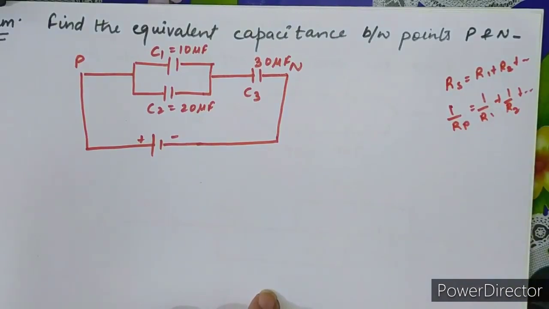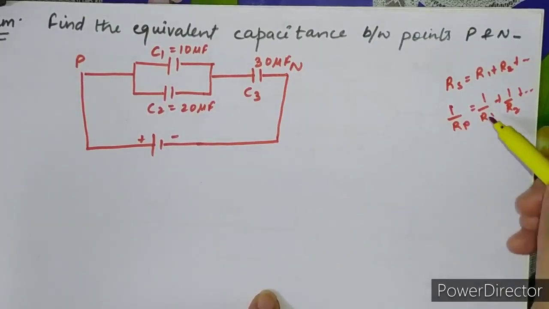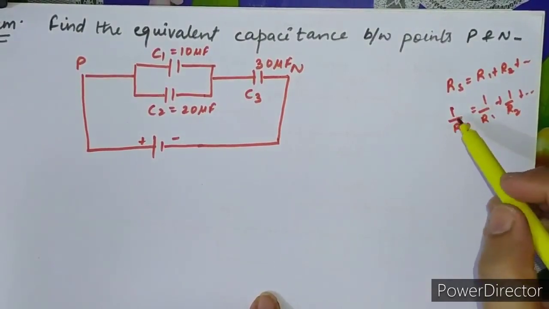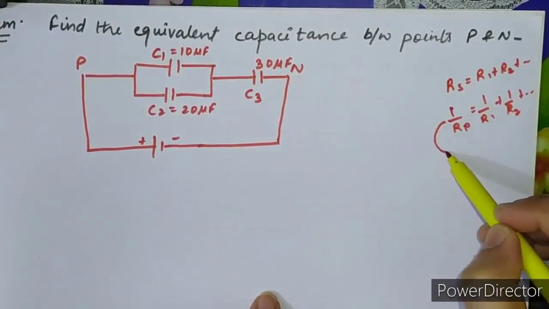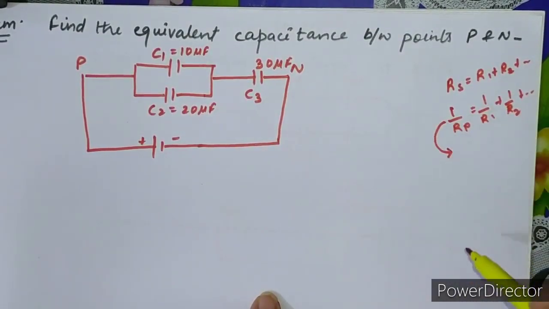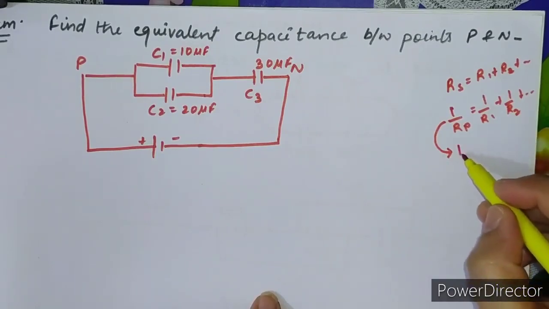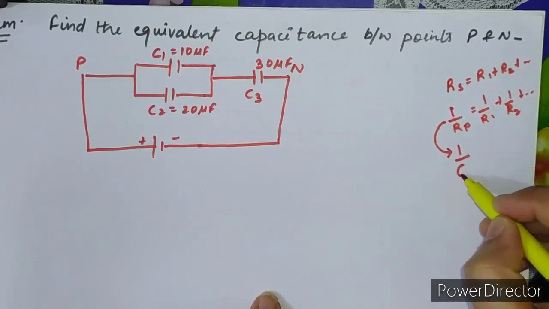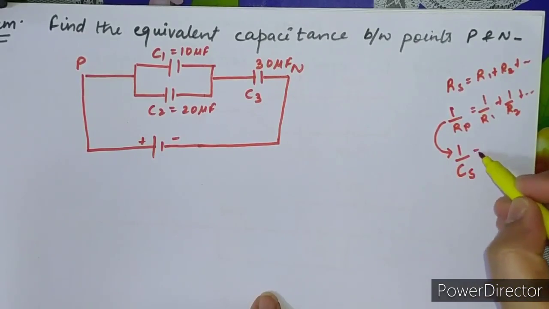Similarly, if we discuss the series and parallel combinations of capacitance, we have a vice versa formula. The parallel combination formula of resistance is used in the series combination of capacitance.